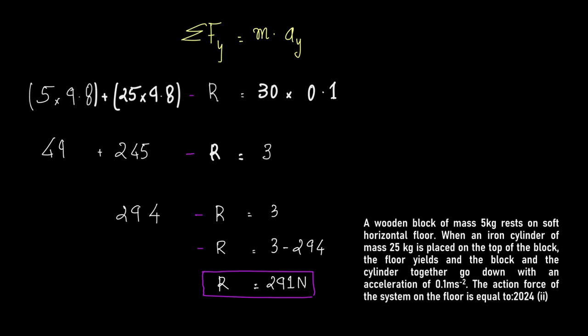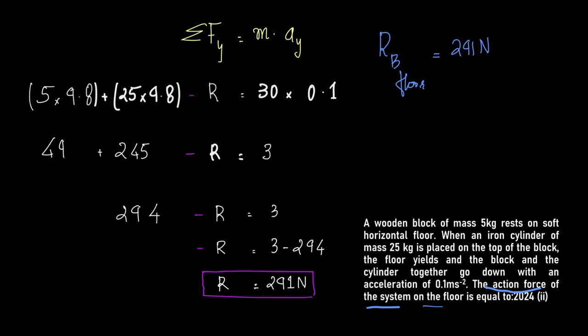Therefore, I'm about to address that. I do understand that there is something very critically upsetting with the question here, right? Which is, we just found out that the reaction on B due to the floor is actually equal to 291 Newton, but we've been asked to find out the action force of the system on the floor.